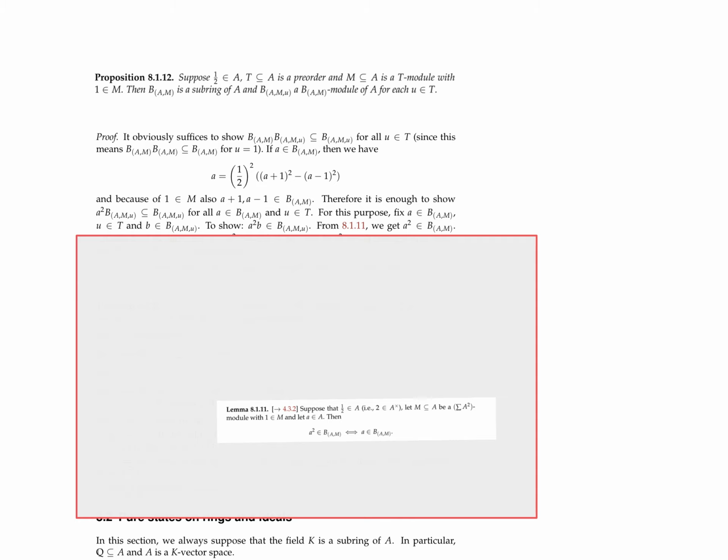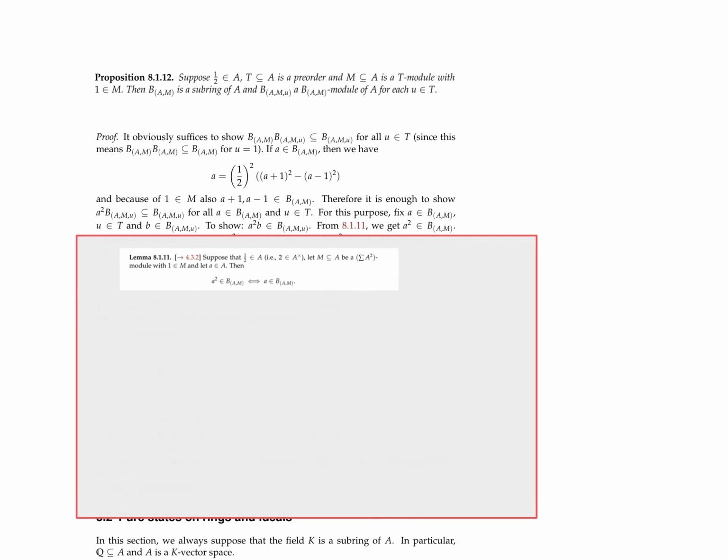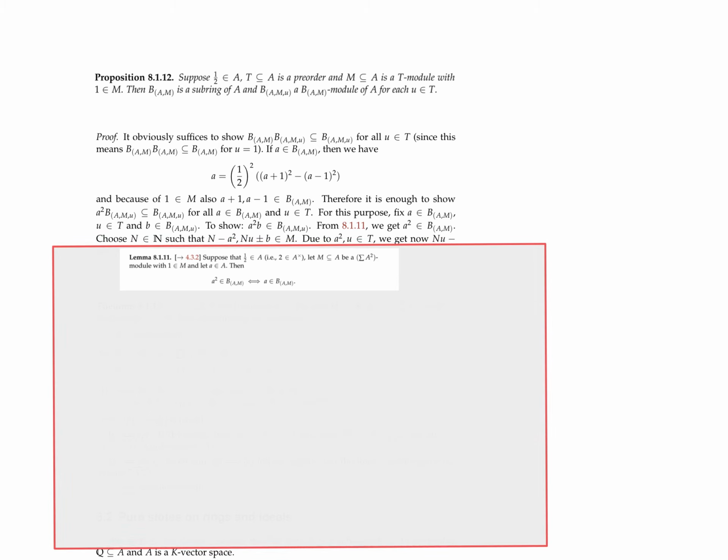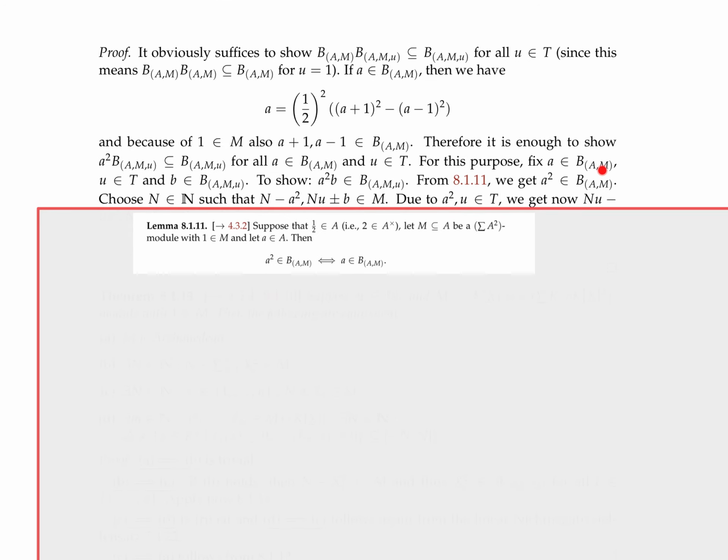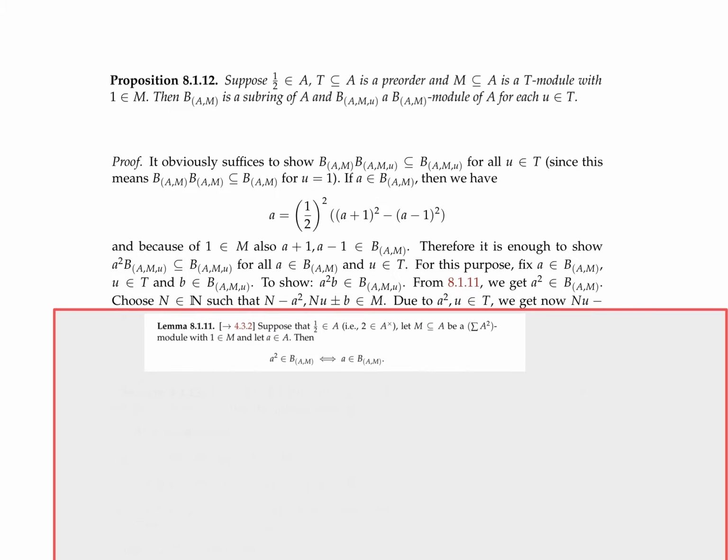So from this lemma we get that, since we have that A is in BAM, we have also that A squared is in BAM, right, from the lemma here, because M is actually also a sums of squares module, because T is a preorder and contains the sums of squares, therefore, right? And M contains 1, right? So we have A squared is in BAM.